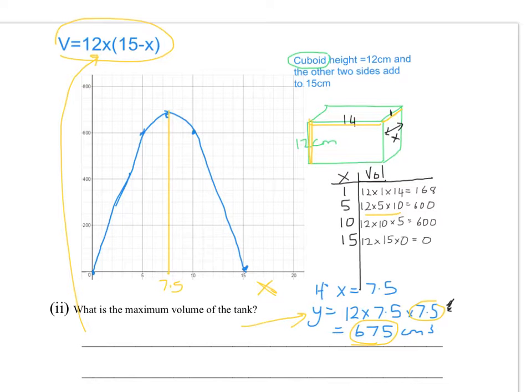What is the length of the base, which gives us maximum volume? The base, I presume they're talking about our x, which is 7.5, which would also be the width of the length and the width would both be 7.5.